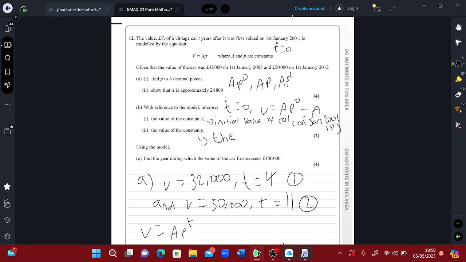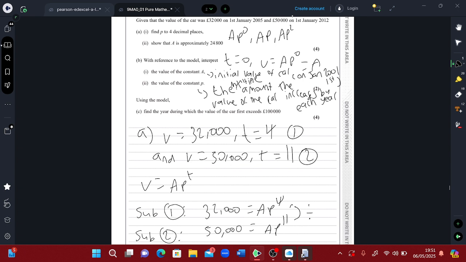The amount the value of the car increases by each year. But you want to make it clear you're multiplying, not adding P. So the multiple amount, I guess, if you want to be clear.